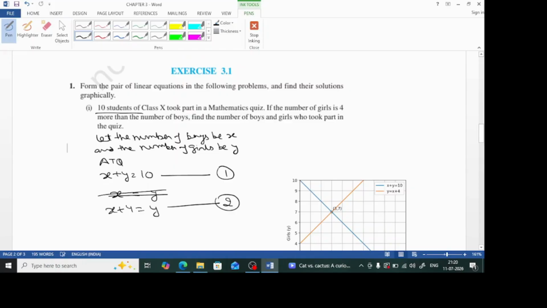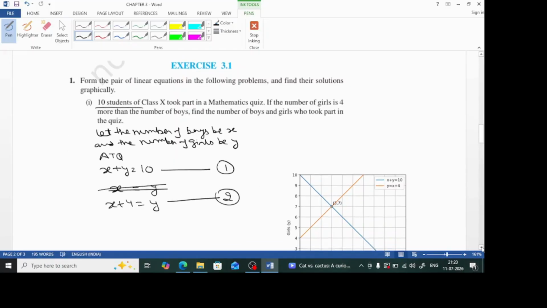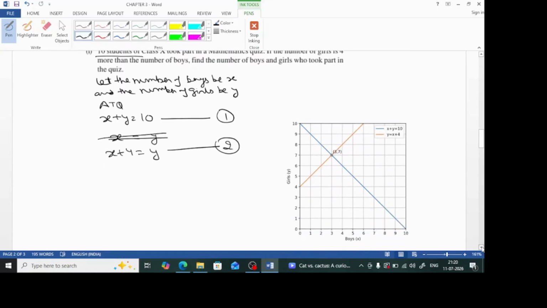Now if we solve these two equations, we will get two tables, and these two tables one by one we plot on the graph and we will get these two lines. And these two lines are intersecting at this point where the value of x is 3 and the value of y is 7.